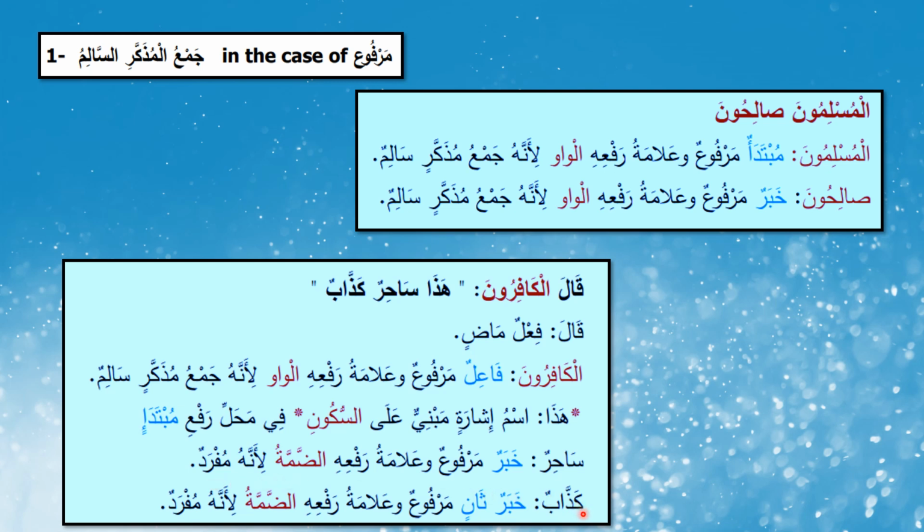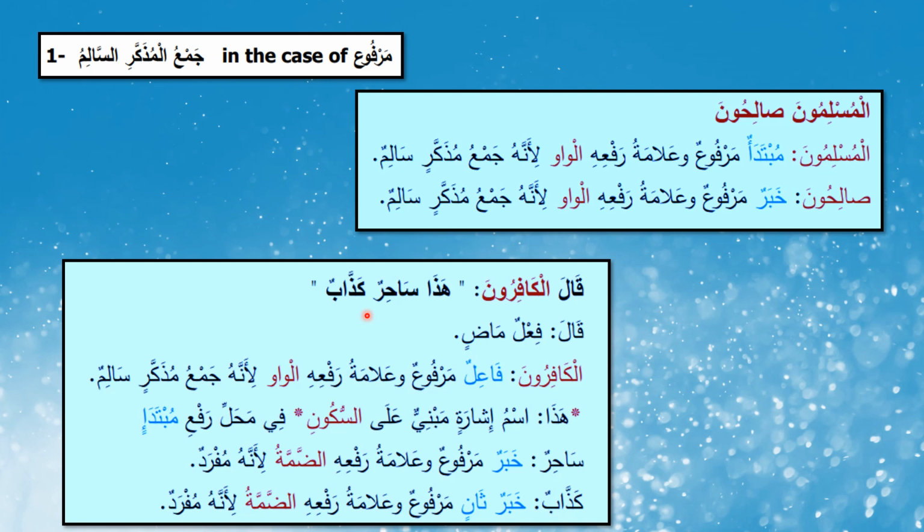So kadhab is khabar thani. Sometimes it may come as khabar thani; it may come with two khabars. Now it's giving information that he is a magician and he is also a liar, a person who is a magician and also a person who is a liar.